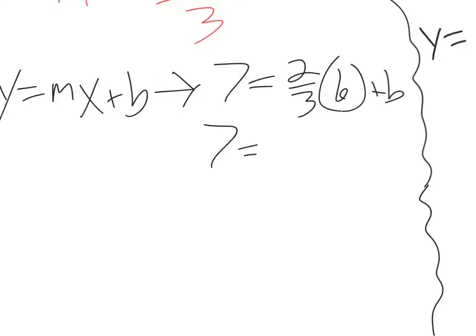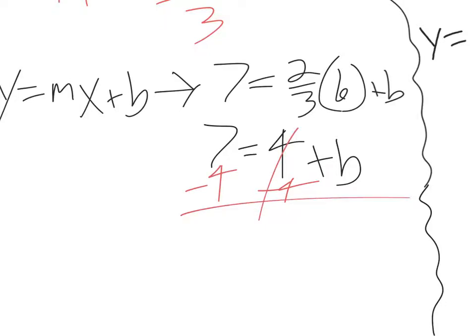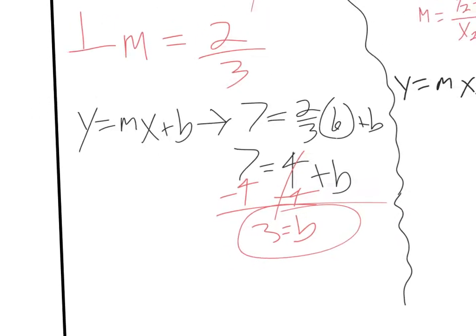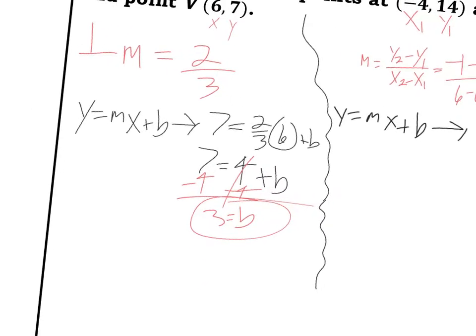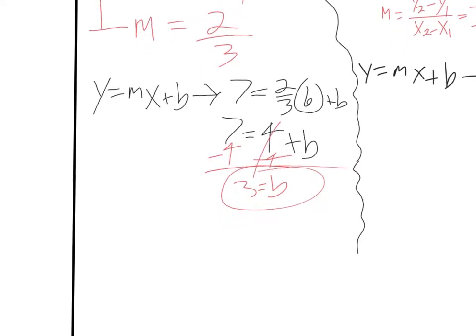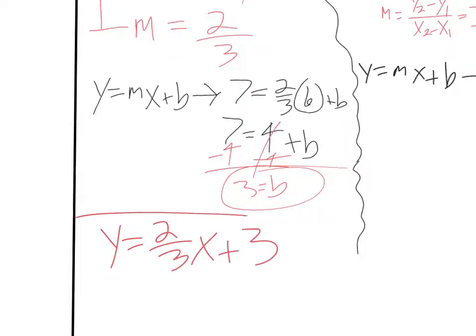So 7 equals 4 plus b. So 4 plus what number is 7? 4 plus 3, right? Well, you could also show your work by subtracting 4 to the other side. 7 minus 4 is 3, so 3 equals b. So if b equals 3, and then you know your m is 2 over 3 because it has to be perpendicular, right? Then your perpendicular line is going to say y equals 2 over 3x plus b of 3.